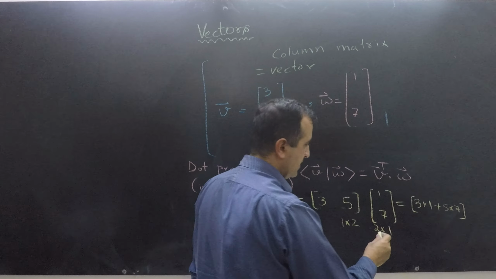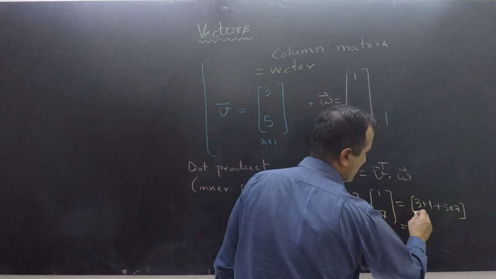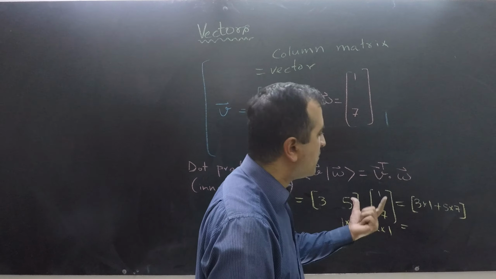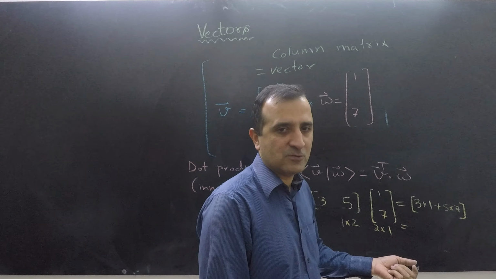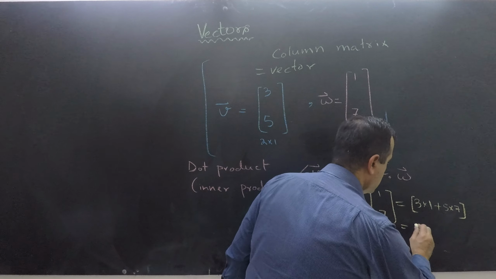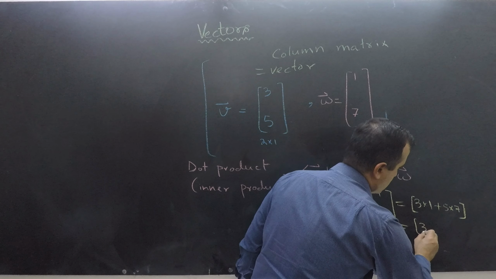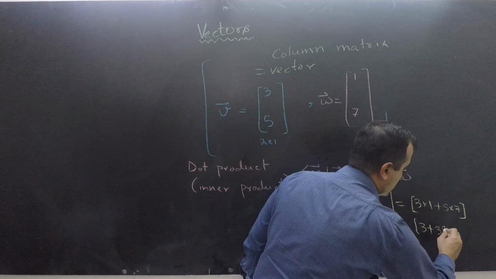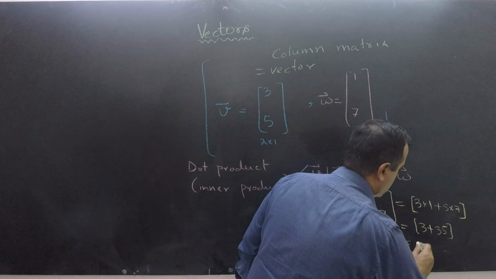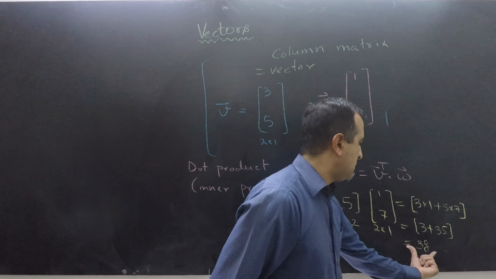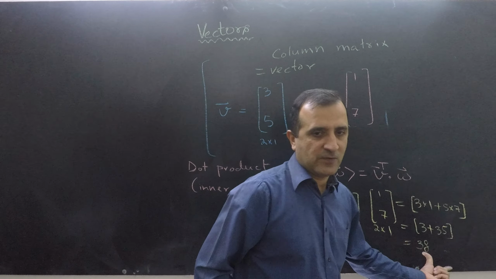I am writing the brackets at the moment, but later I will not write them, because when we have only one number in a matrix, it is just a number. We don't say it's a matrix. So it's going to be 3 plus 35, and it's going to be 38. And I have stopped writing brackets here because it's just one number.